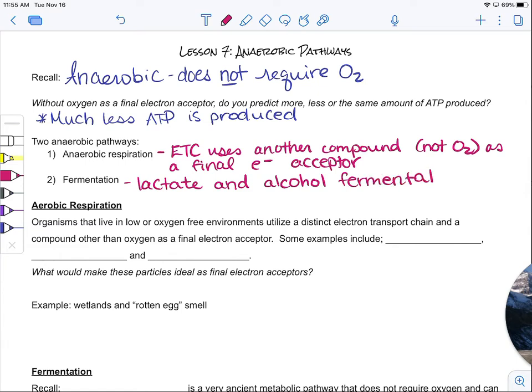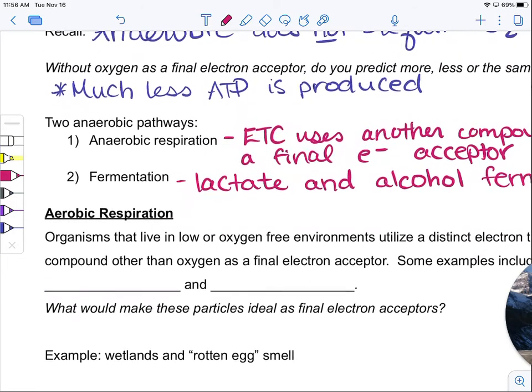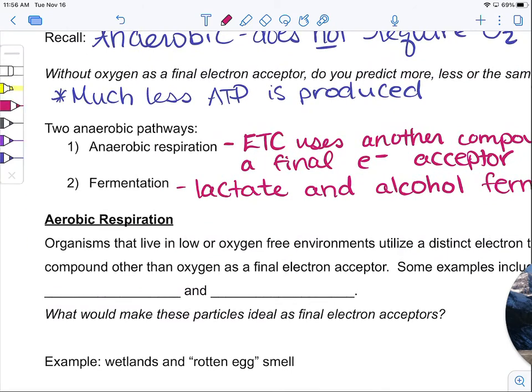And again, what all of these things have in common is that they do not require any oxygen. We're going to look at the details of that shortly, but what we'll start with is anaerobic respiration. Sorry, I'm just noticing there's a little mistake here. We want to make that anaerobic respiration. I'll try to fix that for your notes.